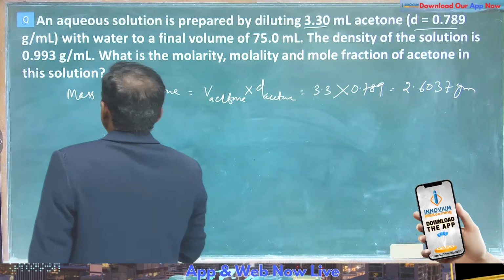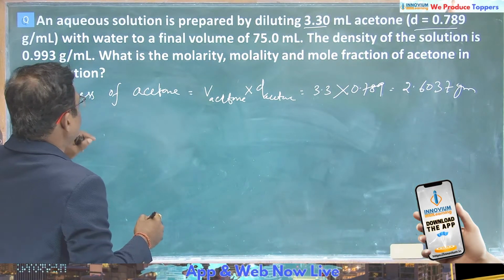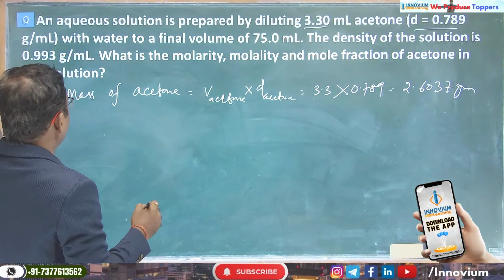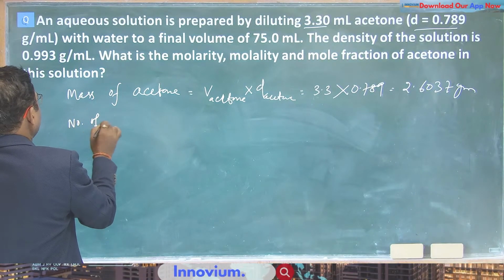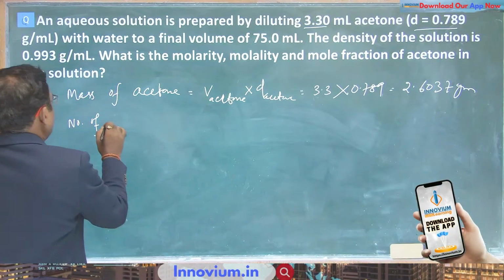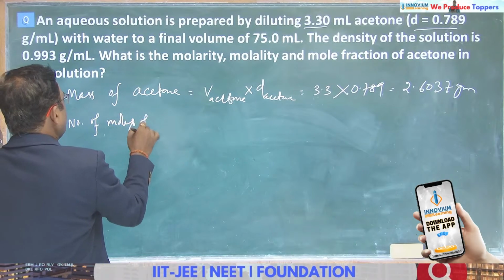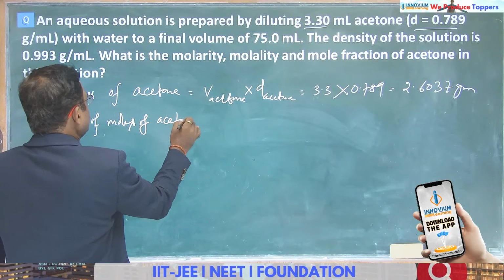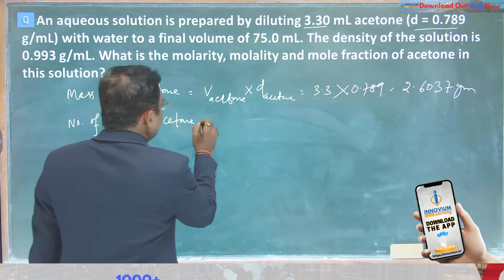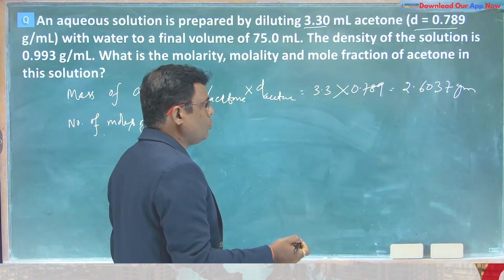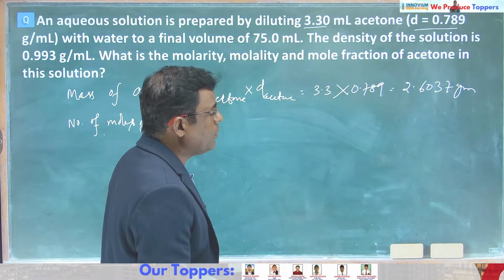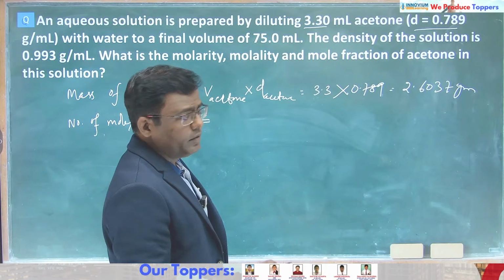Next, what are the moles of acetone? So the number of moles of acetone. If the mass of substance is given and molar mass is known to us, then easily we can find out the number of moles. How?